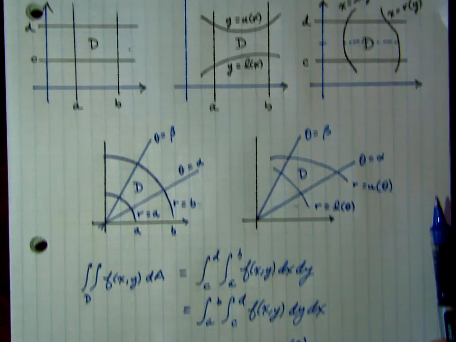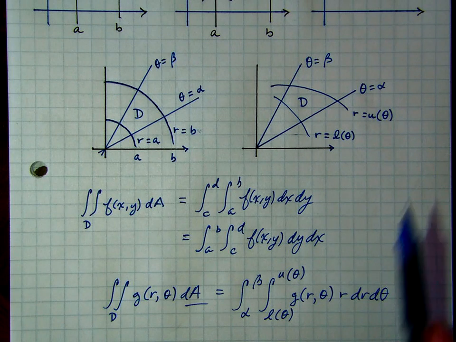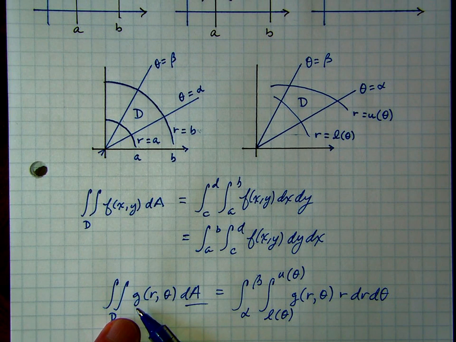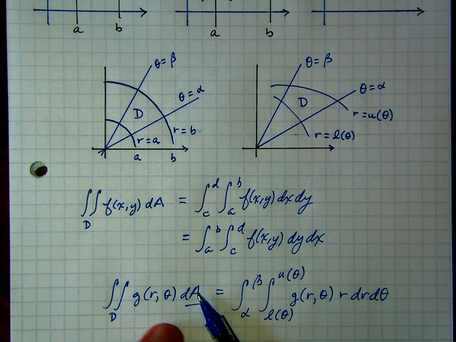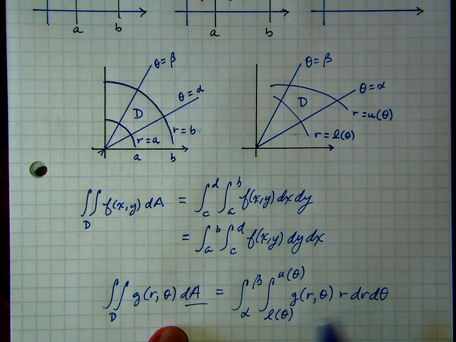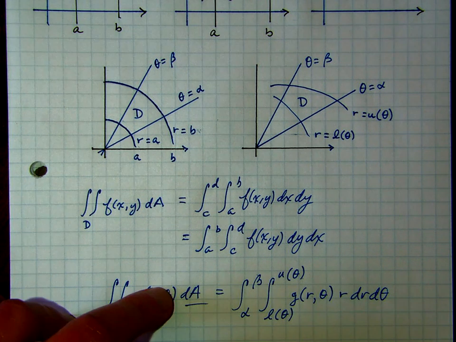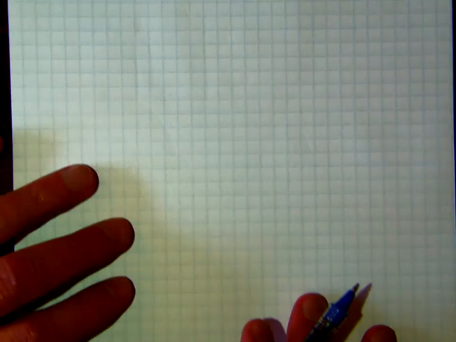And so in that case, you would be looking at, let's say we're using G for our integrand with respect to A. Don't forget that's r dr d theta, and practically all double integrals in polar coordinates have alpha and beta on the outside for theta, and possibly functions for r. And of course, if your integrand was written in terms of x and y, you have to convert that into polar as well.